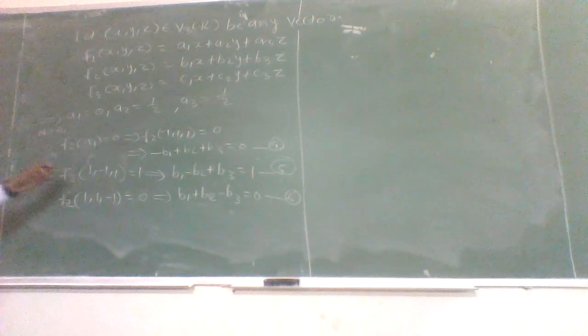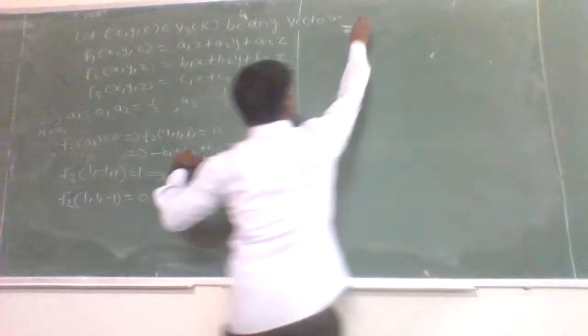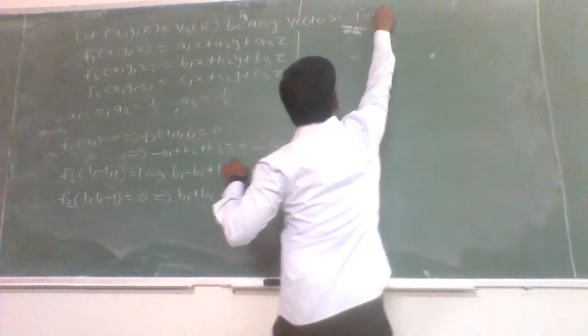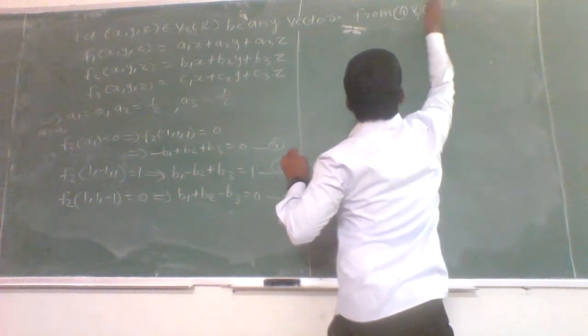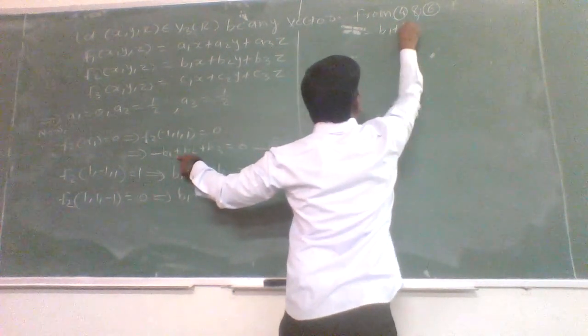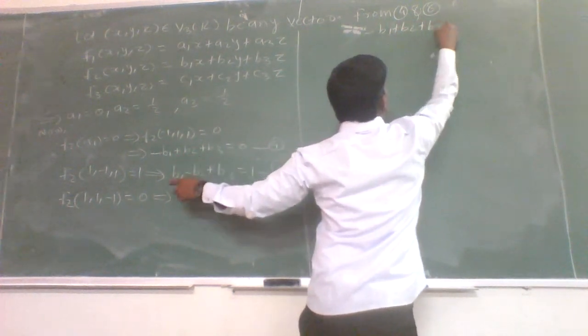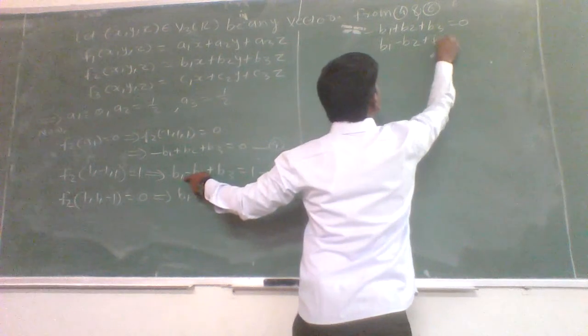Now we have to find out the values of B1, B2 and B3 by taking 4th and 6th. We get minus of B1 plus B2 plus B3 equal to 0, and B1 plus B2 minus B3 equal to 0.